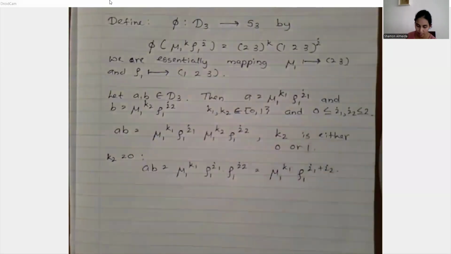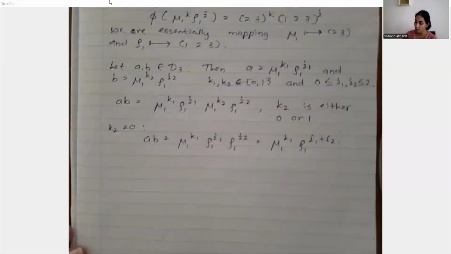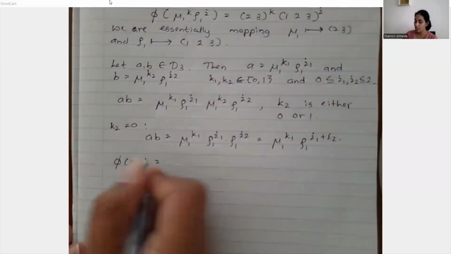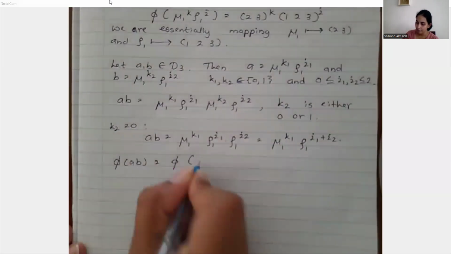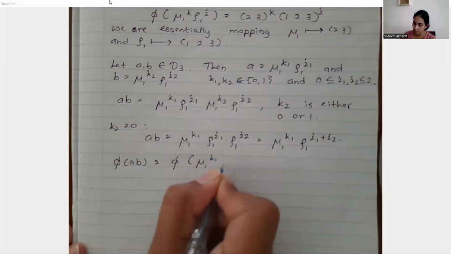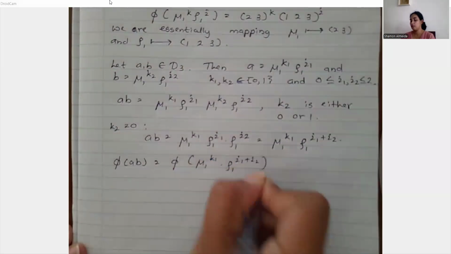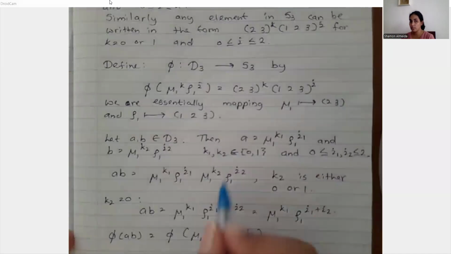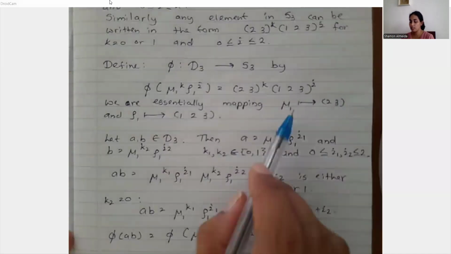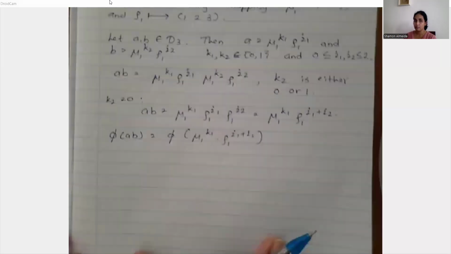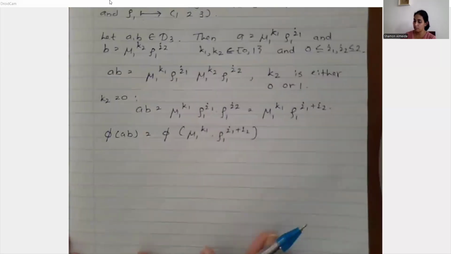So in this particular case, when you calculate phi of AB, we have phi of mu1 K1 times rho 1 I1 plus I2, right? This is actually easy to understand that this all works out because these generators are mapped to each other correspondingly. Now let me show you the proof anyway.